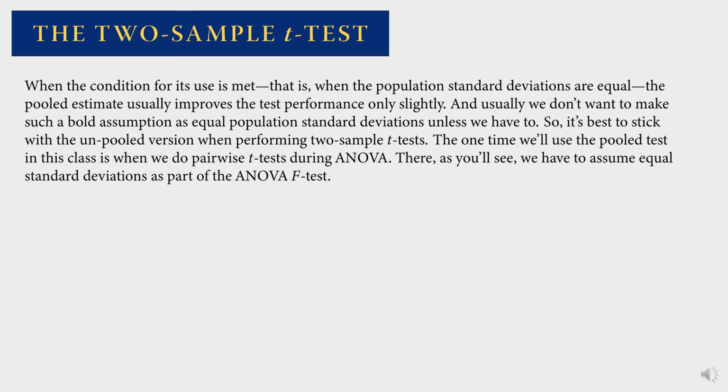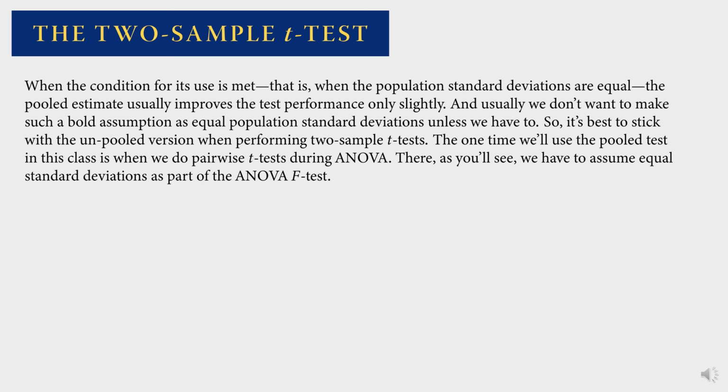You should only use the pooled version if you have a good non-statistical reason to believe that the population standard deviations are the same. If you take two samples and they have similar standard deviations, that's not reason in itself to use the pooled version, because then you're letting your data determine the course of the analysis, and that's bad.